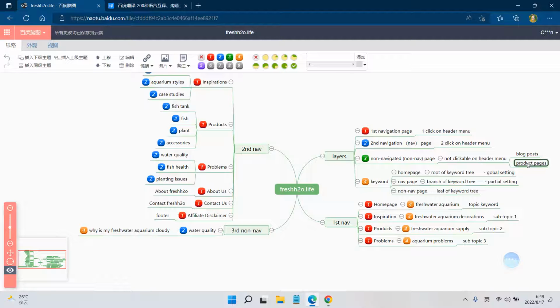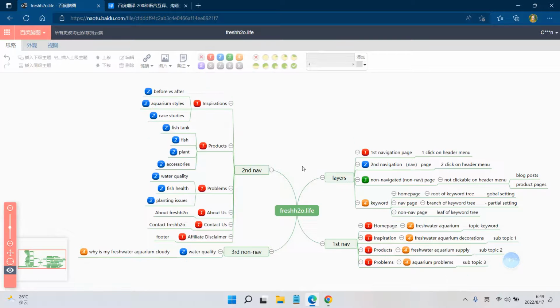Then you promote your products and tell them to use this product to make the water clear, and maybe the second product will be a filter or maybe a higher power pump, right? Something like this. So then you can see, all right, the full navigation page will be like this one.